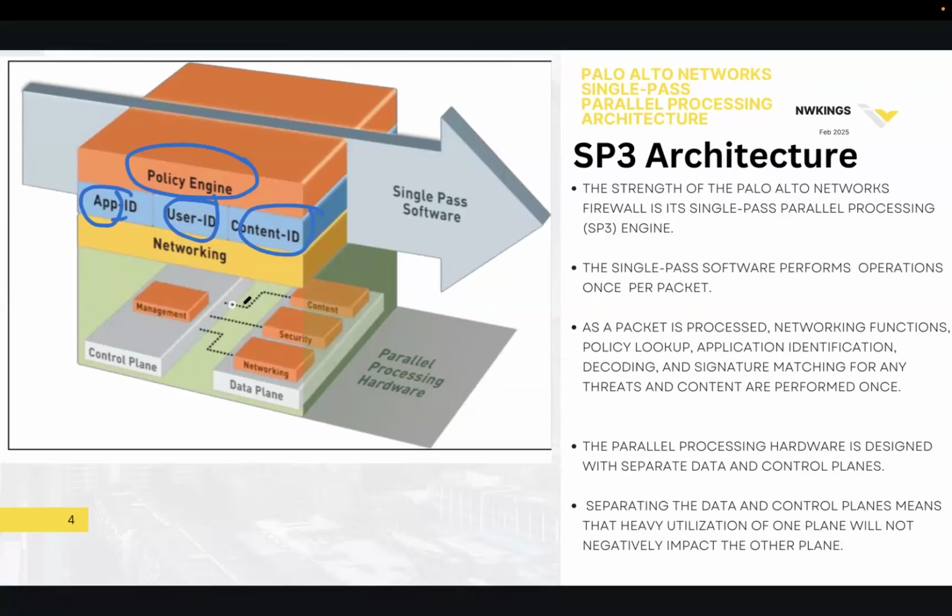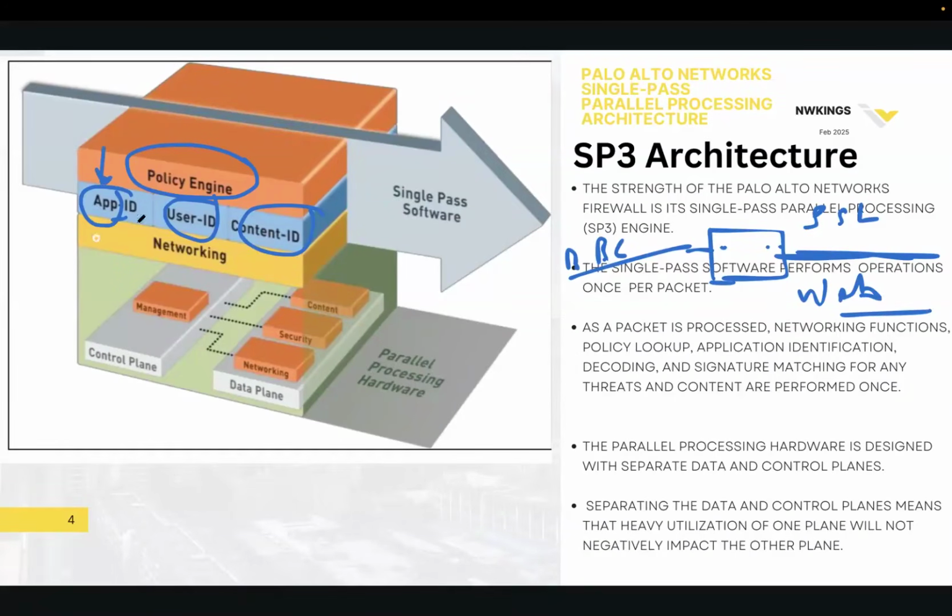What is app ID? It is to understand what app is being used in that traffic flow. For example, if you want to open bbc.com or some news.com, that traffic goes through the firewall using an application called SSL, or an application called web browsing.